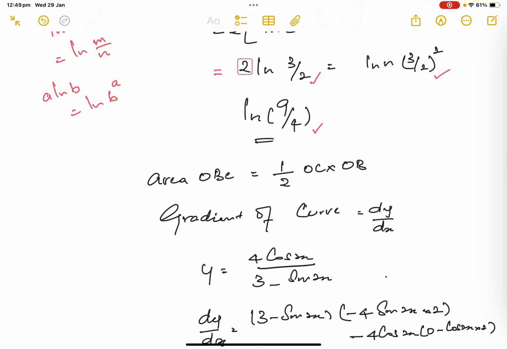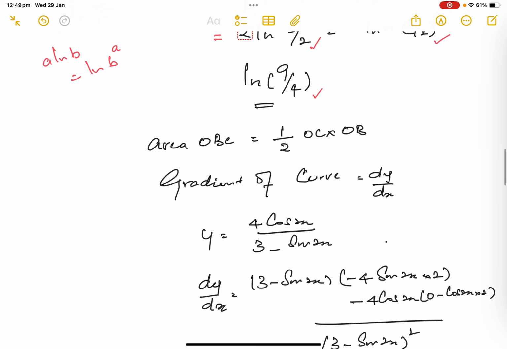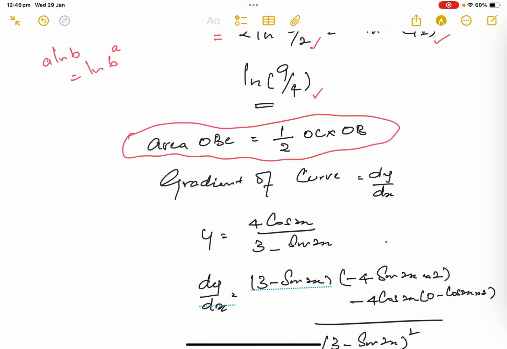To find the area of the section below the x-axis, as I said, it's a right angle triangle OBC, which is half times base times height. The base is OC and the height is OB. This is pretty simple, but we need to do a bit of work to find OC.